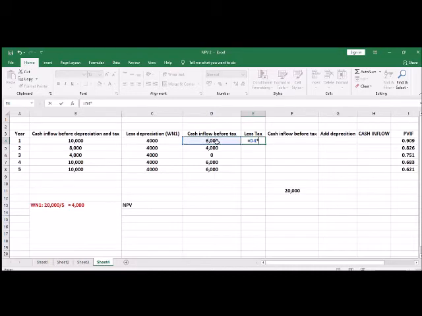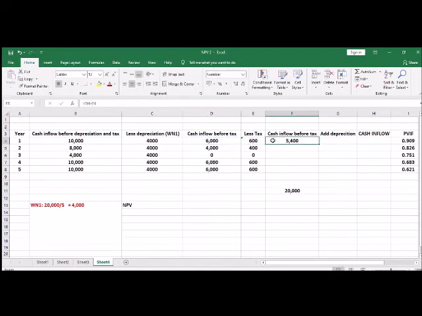Now as we all know, depreciation is a notional expense, so we add back the depreciation value, which is 4,000 rupees. Now we get the final cash inflow where we have added back the depreciation value. Now, as you can see, the cost of capital was 10%. We calculate the PVIF.